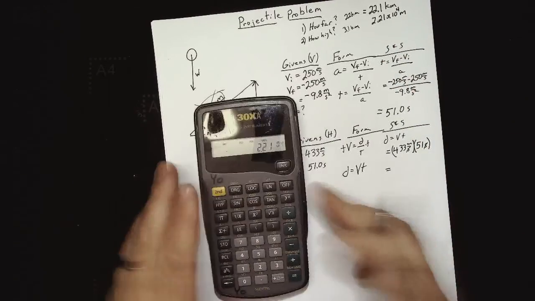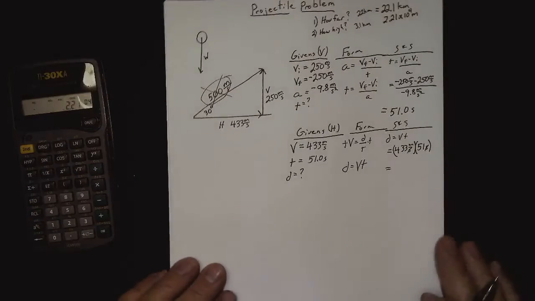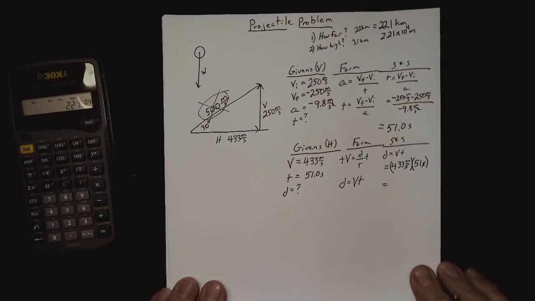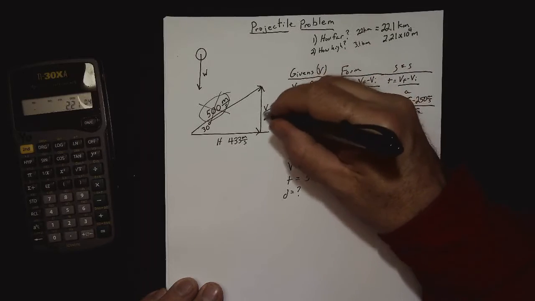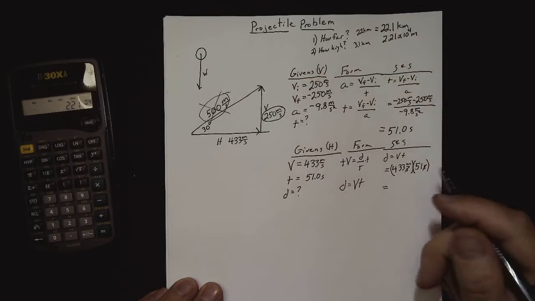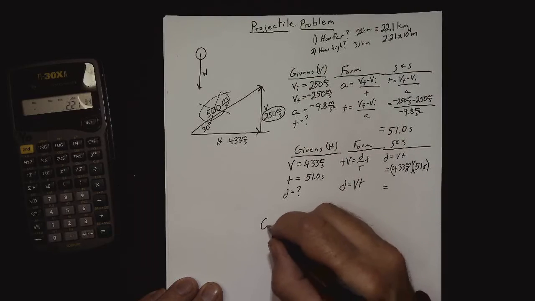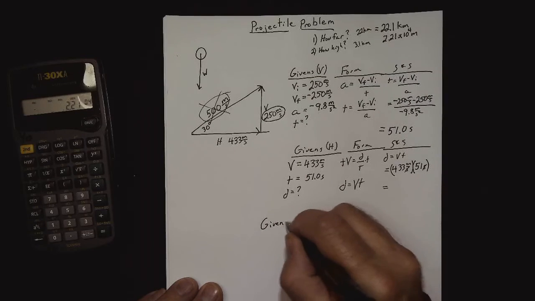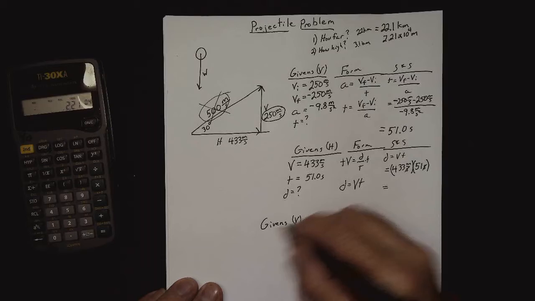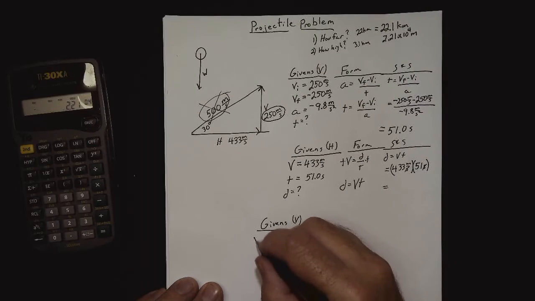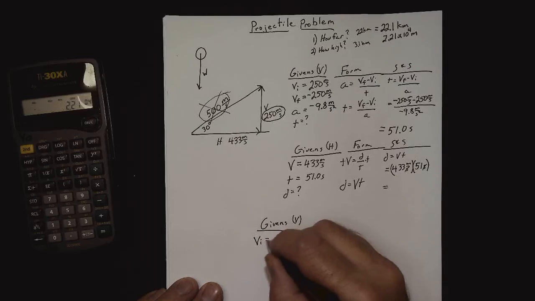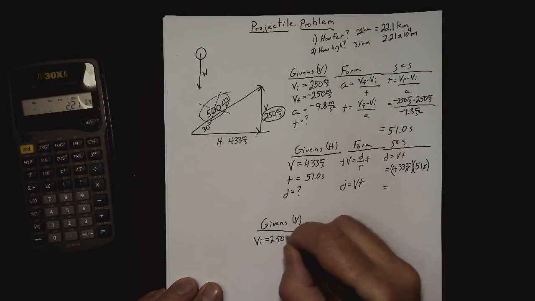That would work great. Now, if we want to figure out how high, how do we do that? Well, for how high, it's only going to be using that. All right, so we're just going to take our givens, and we can say vertical, but everything we do is vertical, so we don't necessarily have to break that down. The velocity initial is 250 meters per second.